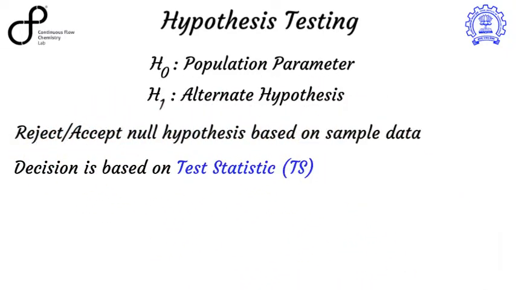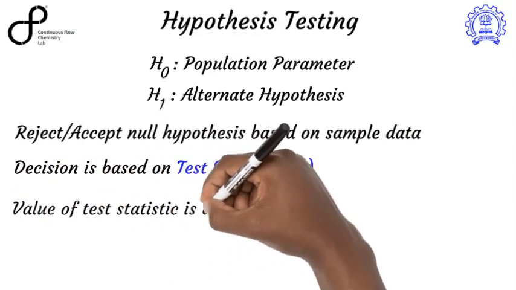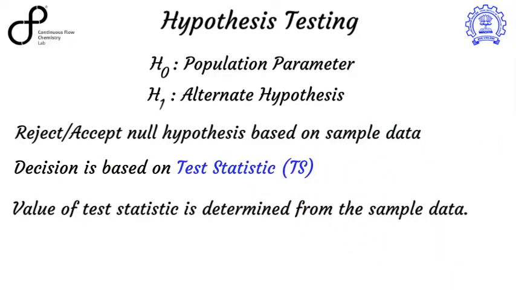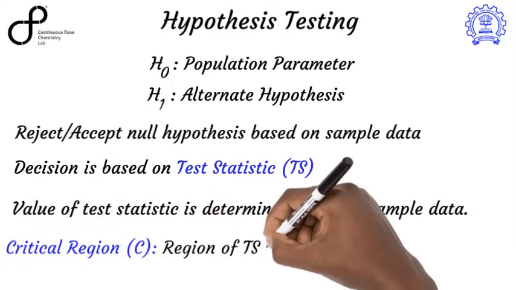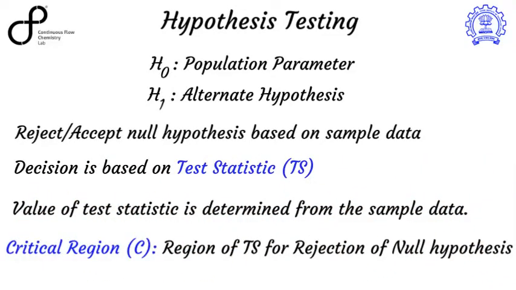Decision will be based on a test statistic called TS. We use sample data to calculate the value of test statistic. We define a region called critical region, denoted as C. If the value of test statistic falls in this critical region, we reject the null hypothesis.